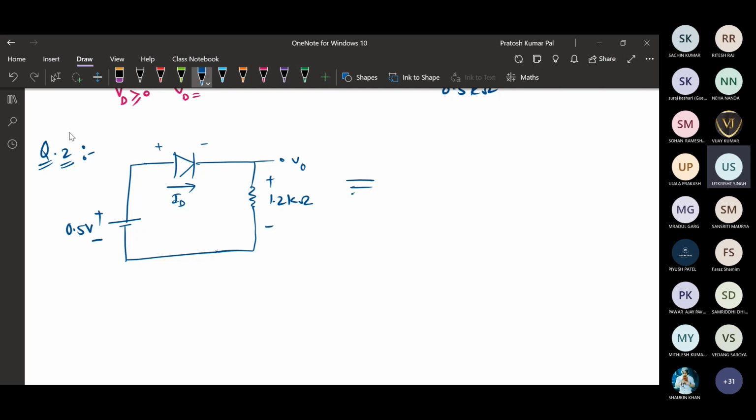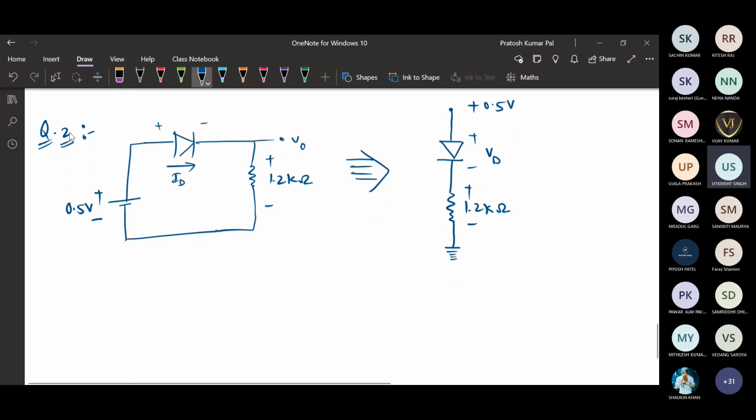But this circuit can even be given like this: plus 0.5 volt with a diode and a resistor and ground. The same circuit can be represented like this also. You need to just simplify the circuit like this so that you can understand each and every component of the given circuit.